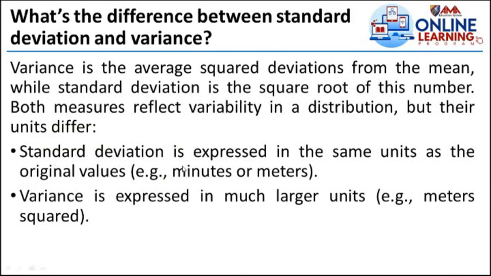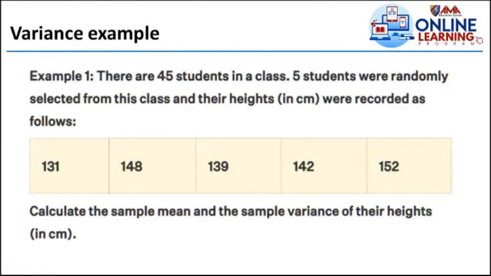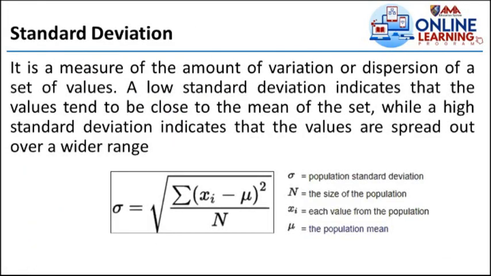So next, what's the difference between standard deviation and variance? Sabi dito, variance is the average squared deviations from the mean, while standard deviation is the square root of this number. Okay, so pag titingnan po natin yung formula kanina, ito yung formula ng variance po natin, di ba?